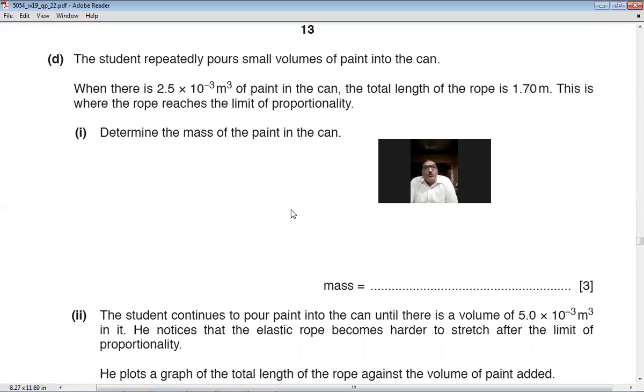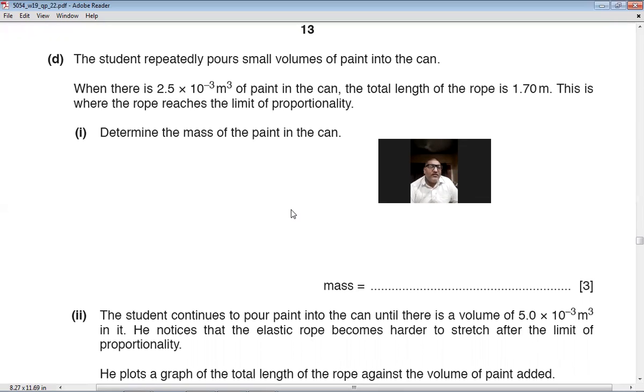So now I know the volume of the paint, and I know the total length of the rope. So from the length of the rope, I can find out the extension in the rope. And from extension, I can find out the weight of that can with the paint.